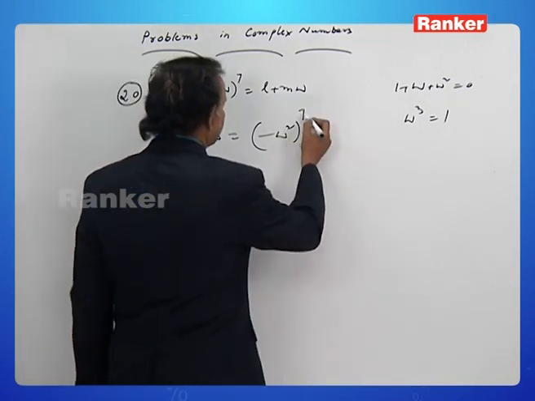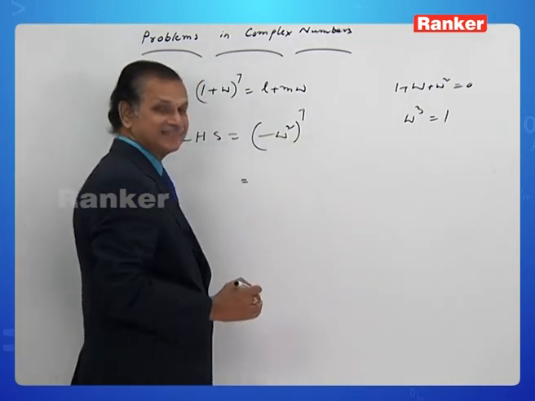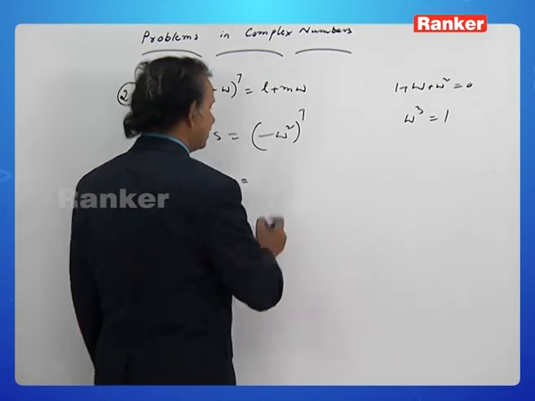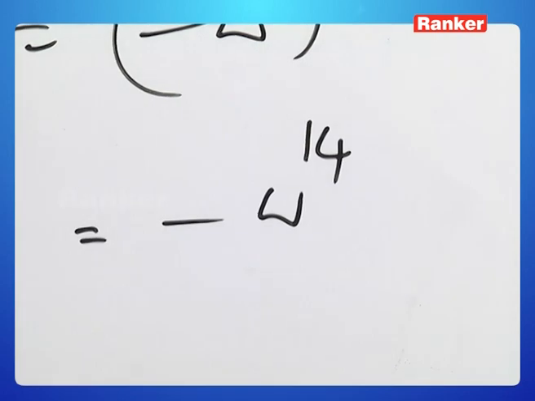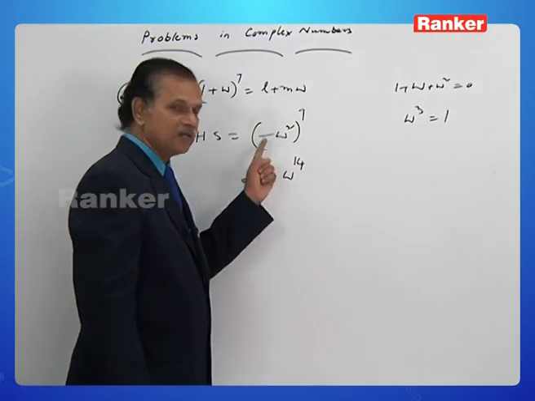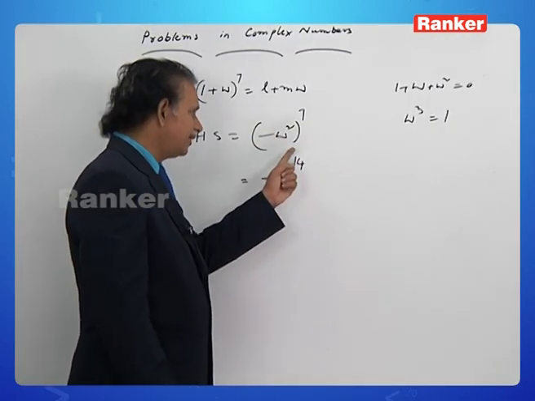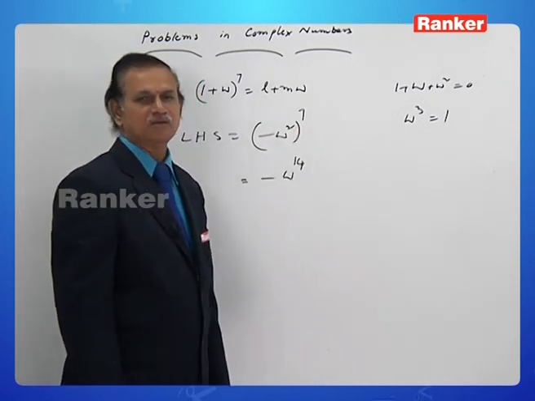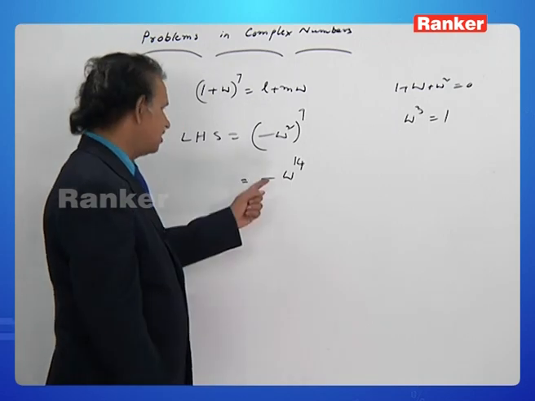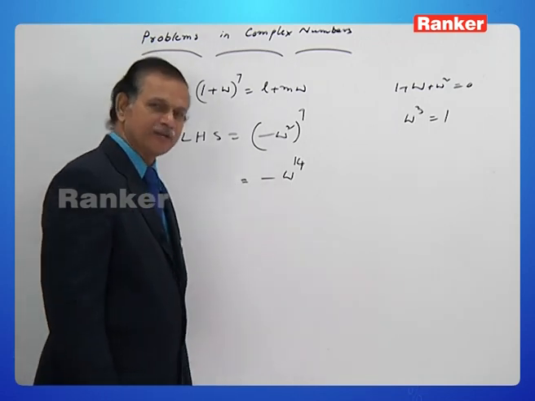Minus omega square whole to the power of 7. What is that? Minus omega power 14, right? As this is an odd power, this is a minus. This is minus 1 whole power 7 into omega square whole power 7. That is minus omega power 14.